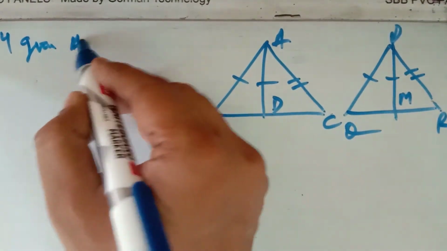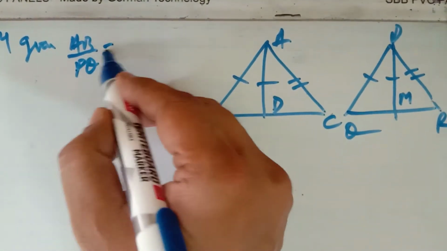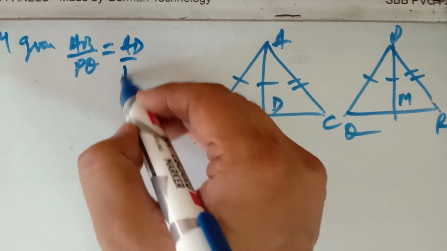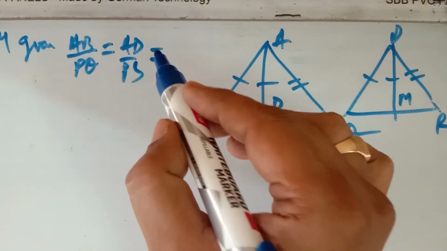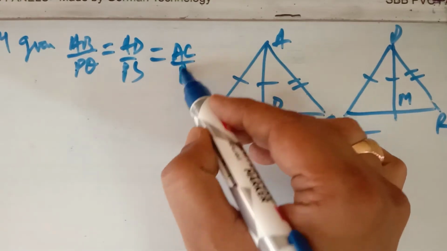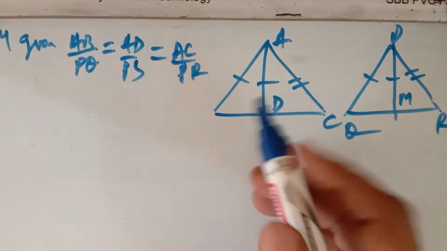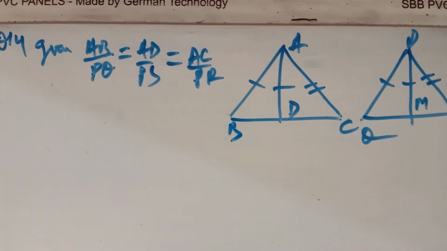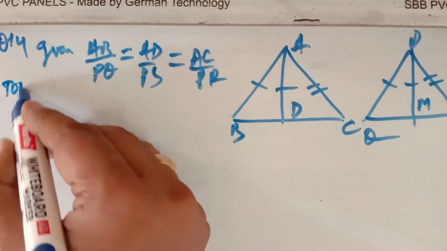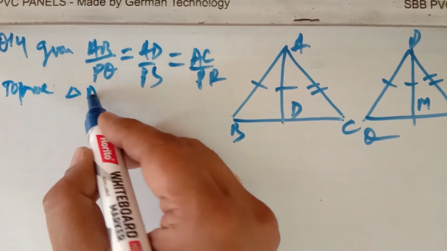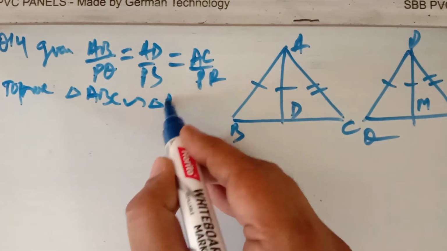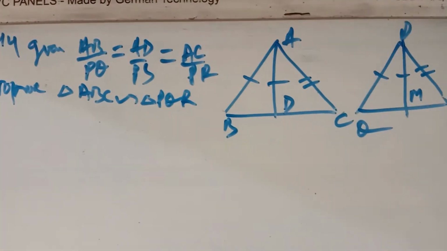So given that AB upon PQ is equal to AD upon PM is equal to AC upon PR. BC and QR are not in the ratio, which we did in question number 12. You have to prove that triangle ABC is similar to triangle PQR.